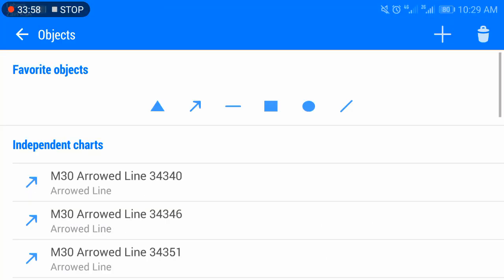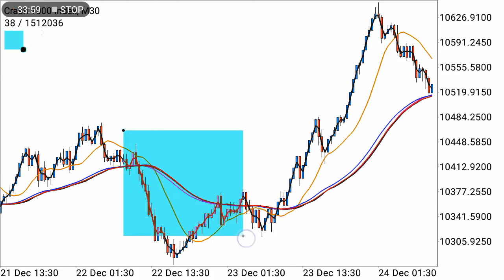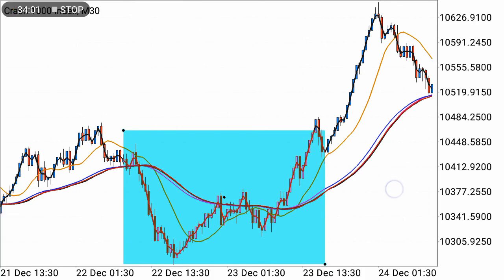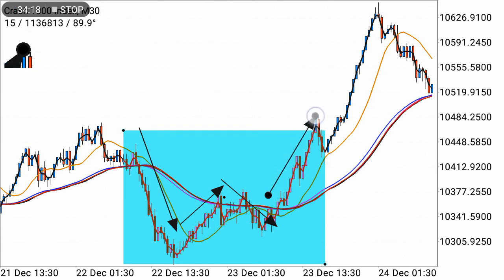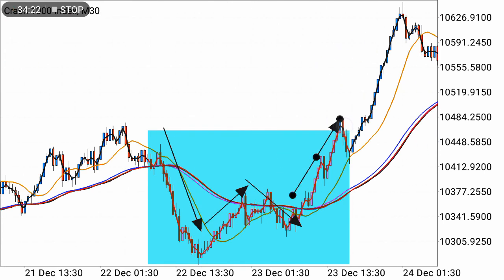Look, a very awesome W. Down, up, neckline, down, and target, and look how much this W buys.